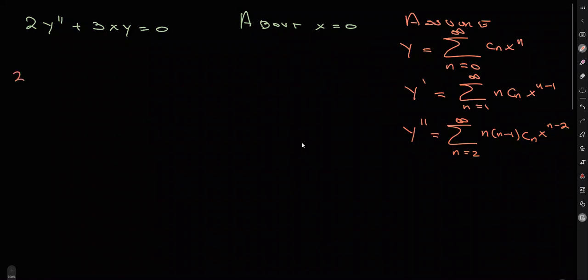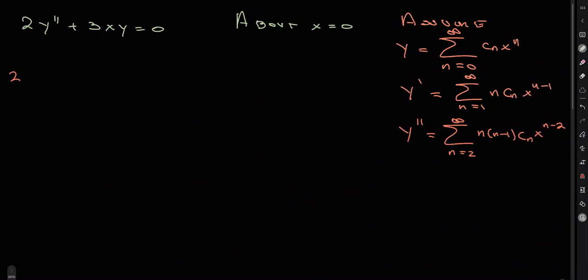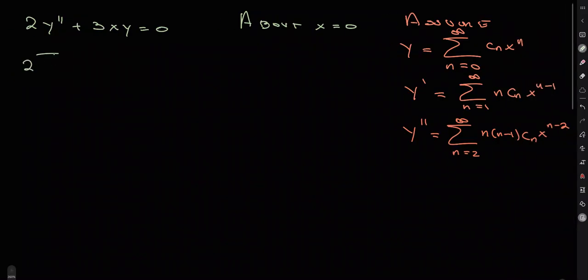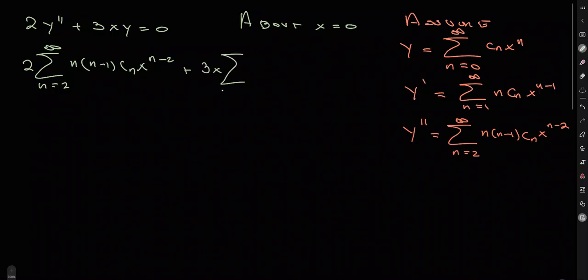That is, sigma n equals 2 to infinity of n times n minus 1 c sub n x to the n minus 2 plus 3x sigma n equals 0 to infinity of c sub n x to the n, and let that be equal to 0.